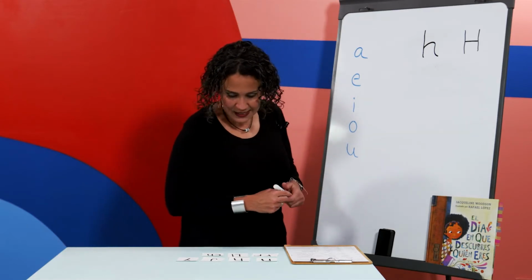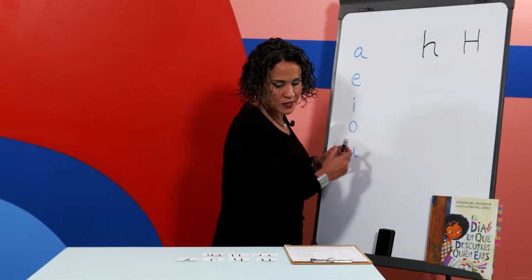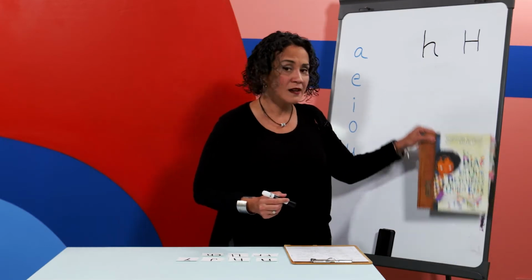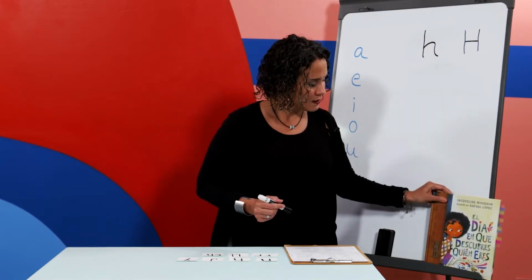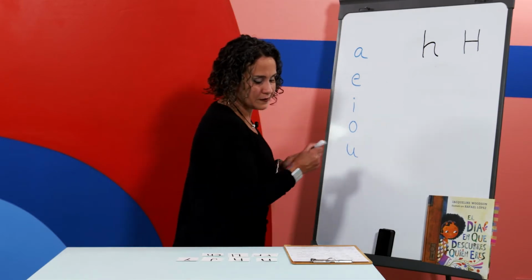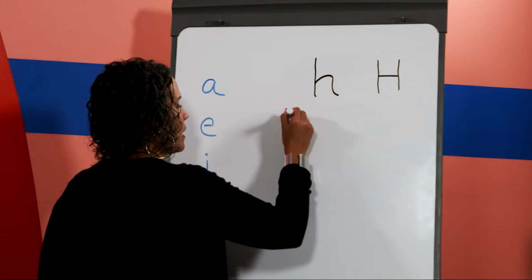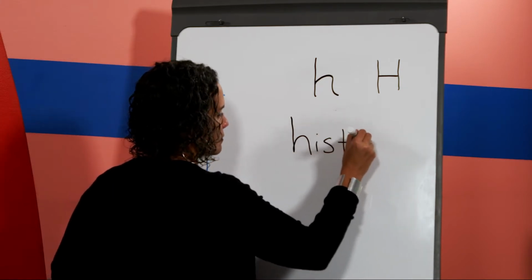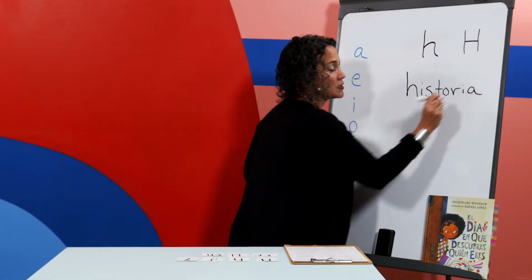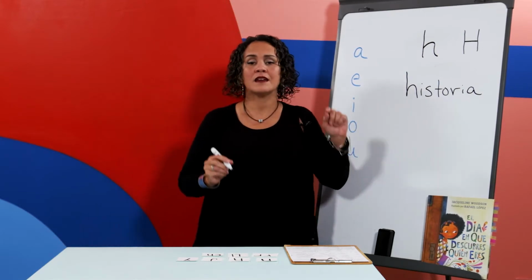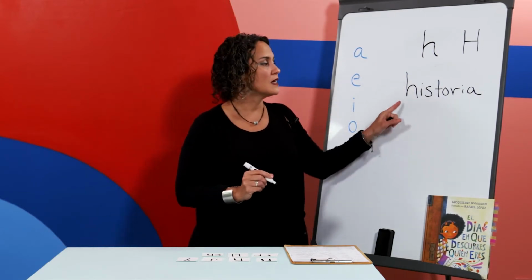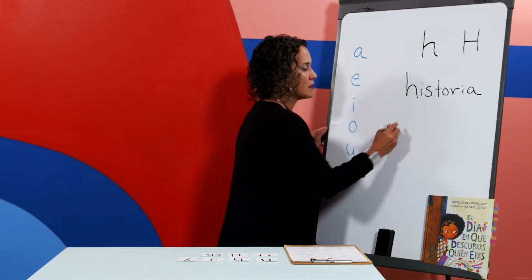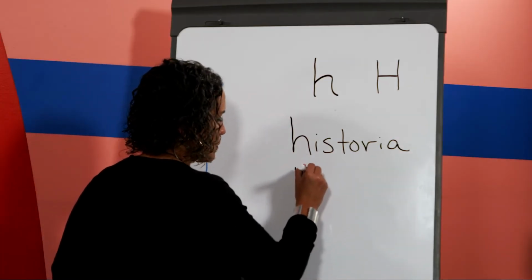So let's see some words, and I'm going to use some of the words that are in this book that I read in part 1 of this lesson. We have here historia. Did you hear that? I didn't say historia with an H sound. Here's a name, maybe one of your classmates.